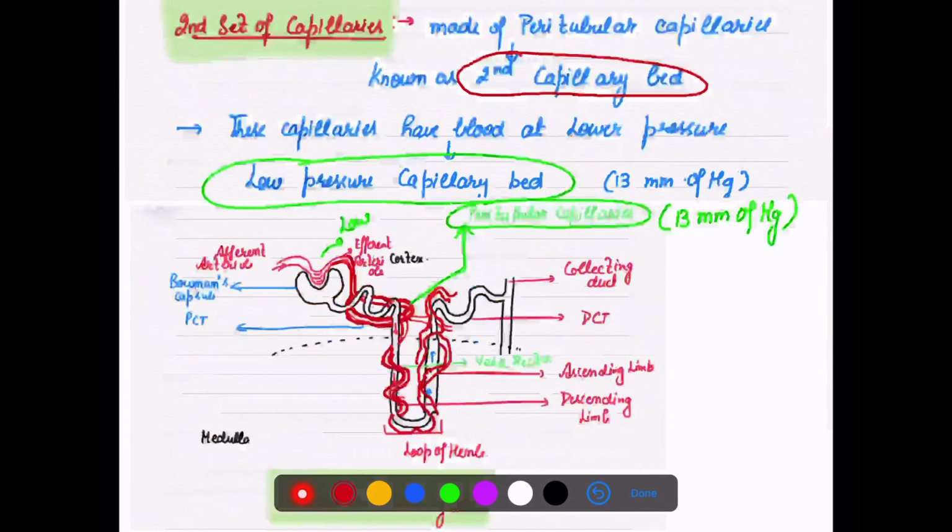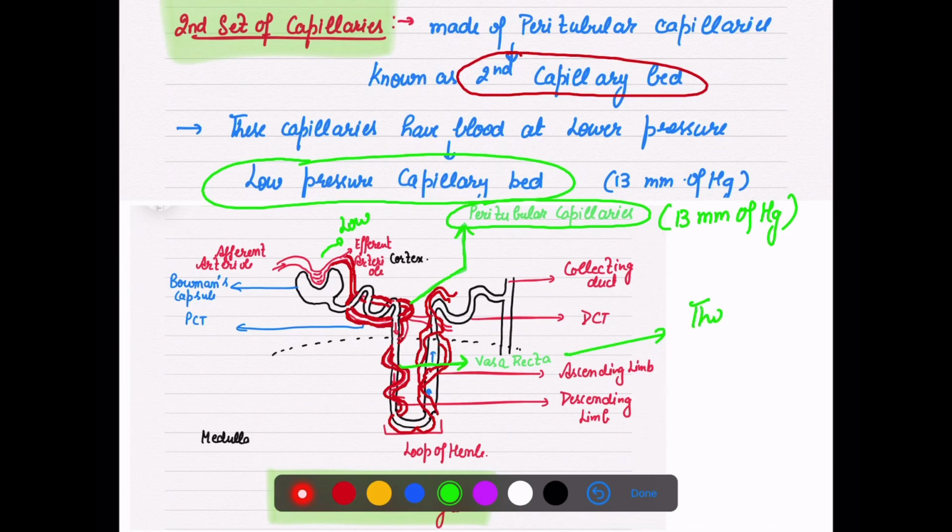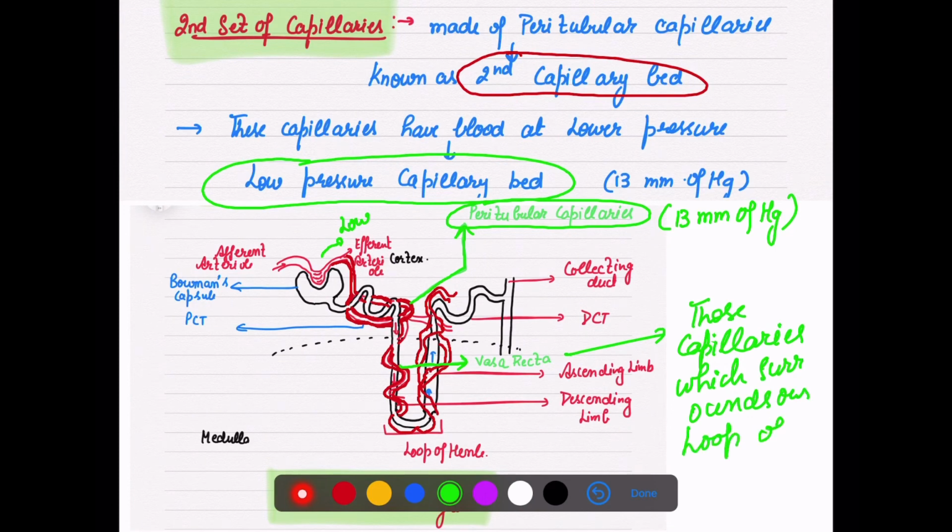And these capillaries, those capillaries which surround our loop of Henle, they are known as vasa recta.